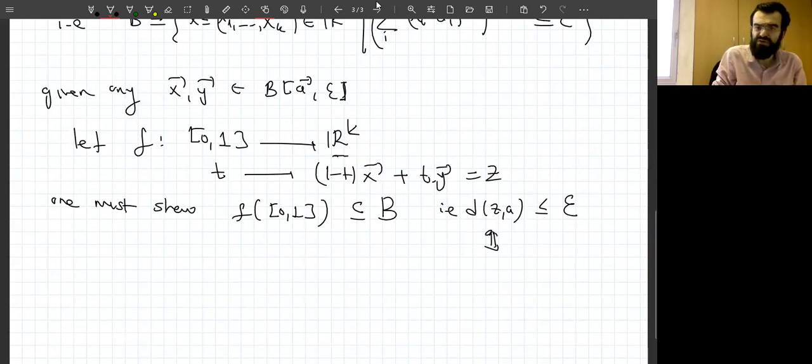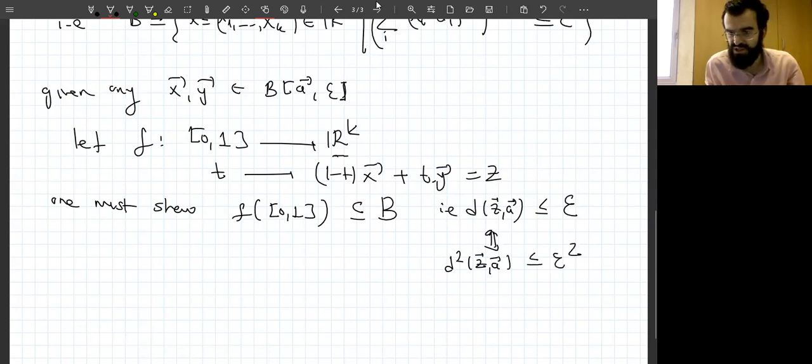This is equivalent to, for simplicity, we can write A as a vector, the squared distance less than or equal to epsilon squared, as the squared function is one to one and the whole thing here is positive.